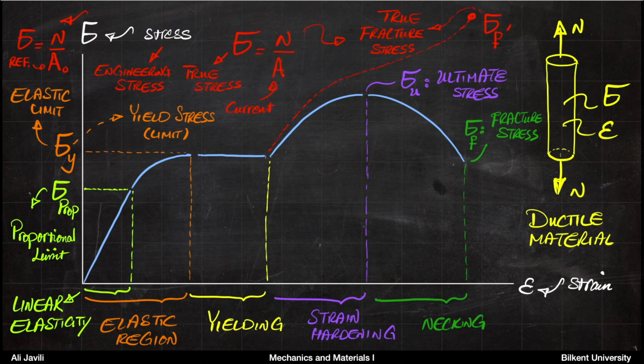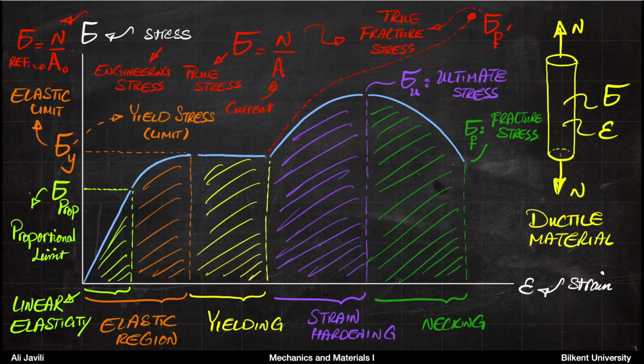And then obviously that true stress keeps increasing throughout this loading. And that kind of makes sense. So if you think of a true stress versus strain, this would be your true stress versus strain curve, and that kind of makes more sense. But as long as you know that you define the stress in terms of the engineering stress or in terms of the reference area, then of course you may want to also look into the other one.